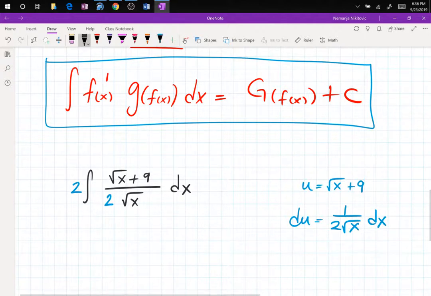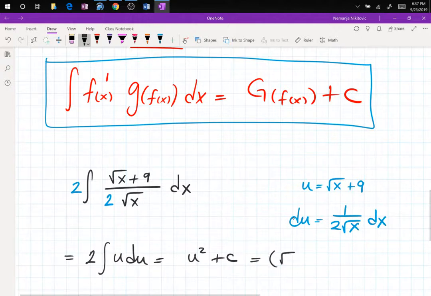So now when you use the u substitution from the other end, you have 2 integral of u du. And that's going to be just u squared plus c, which is square root of x plus 9 squared plus c.